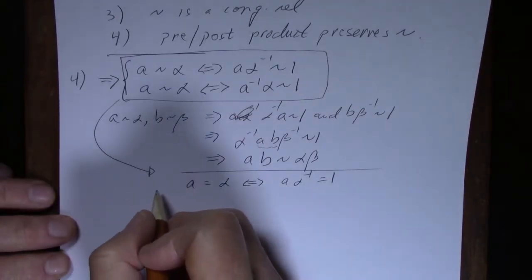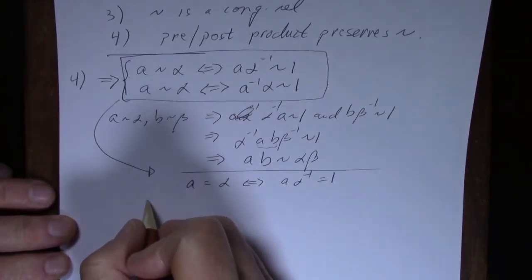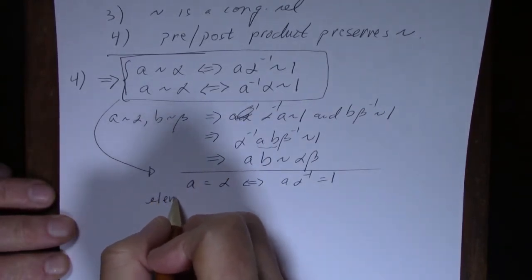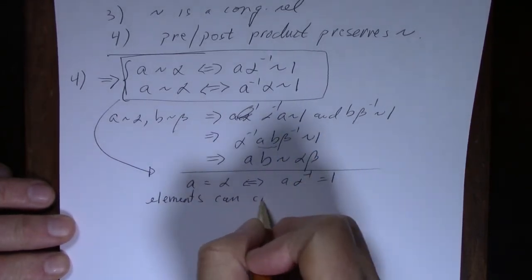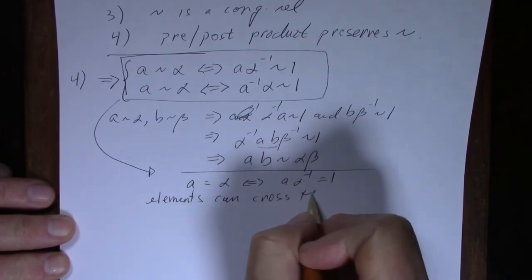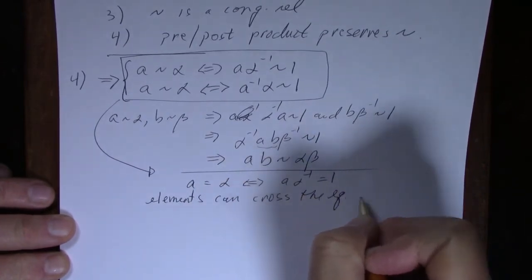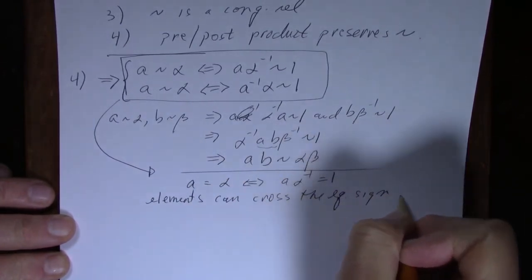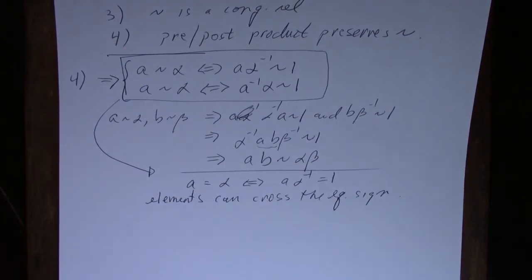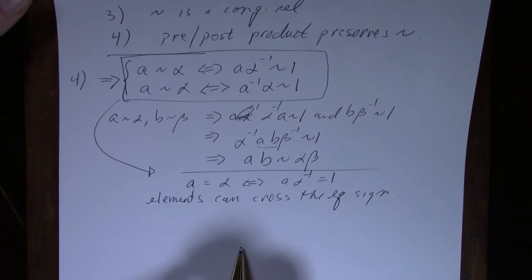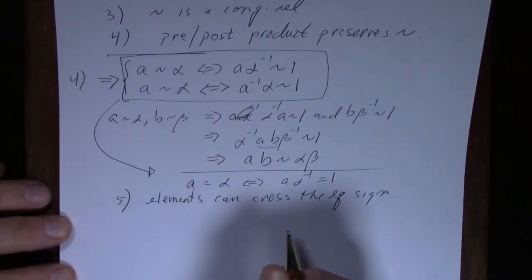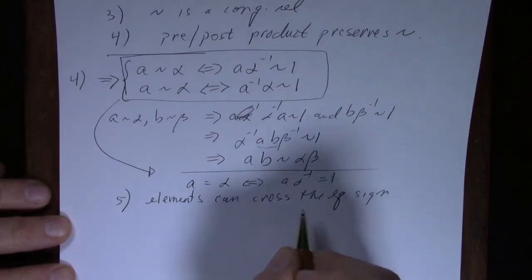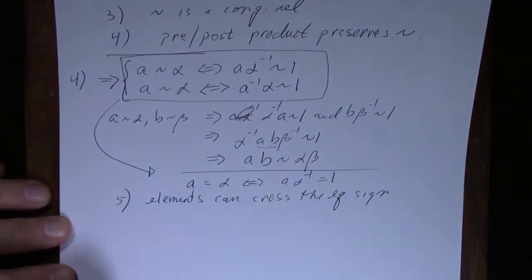So I will refer to this as elements can cross the equivalence sign, just like they can cross equal signs. Okay. So that's condition 5 here, and it's this pair of conditions here.